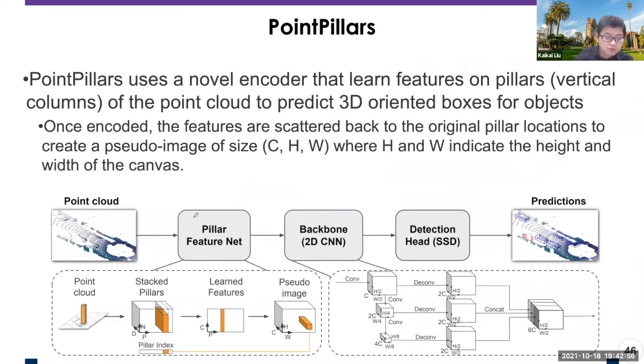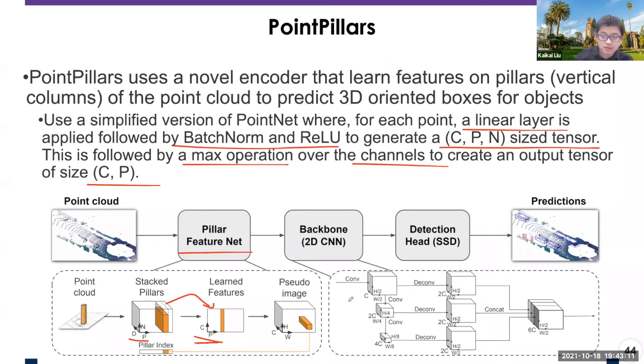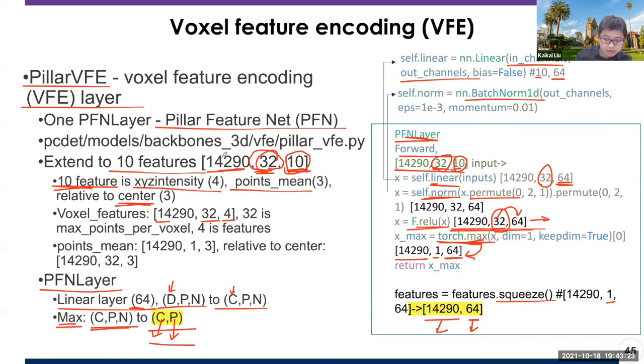Now if you go back to this diagram, you understand what the step is. DPN to CNP, how you get this feature representation. That's actually straightforward, right? And you can go back to the description. This is followed by a max operation over the channels to create the output tensor CNP. Only reading the text, you have no idea, right? But if you match it with the code, you know how they do it.